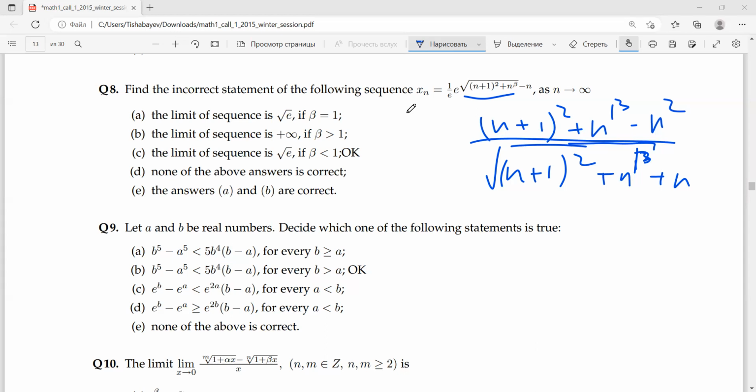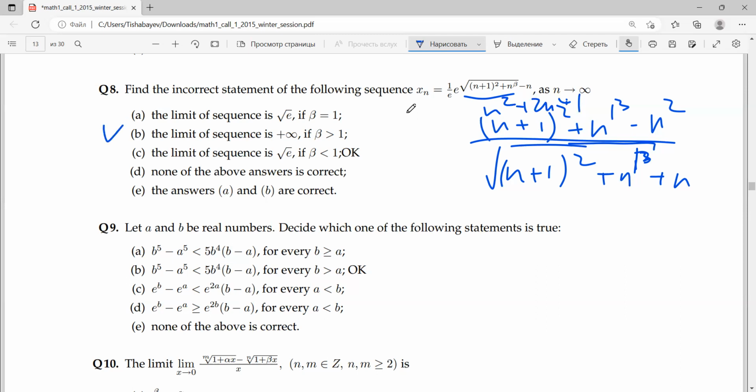Here n squared and n squared are cancelled after opening the brackets: it will be n squared plus 2n plus 1. So it depends on beta now. If beta is greater than 1, this tends to infinity. So B1 is correct.